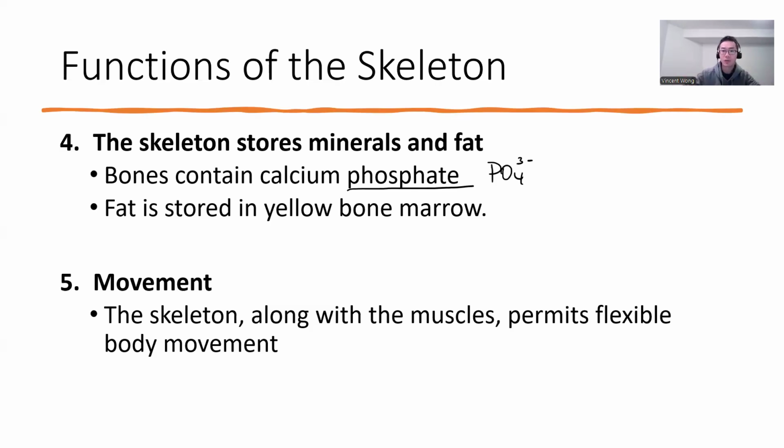There are various joints in the body, like the elbow is a hinge joint, your shoulder is a ball and socket joint, right? It depends on what joint you have, and then the range of motion that is permitted will vary as well. And we'll look at the different joints later on. Okay, so there you go, 5 functions of the skeleton.